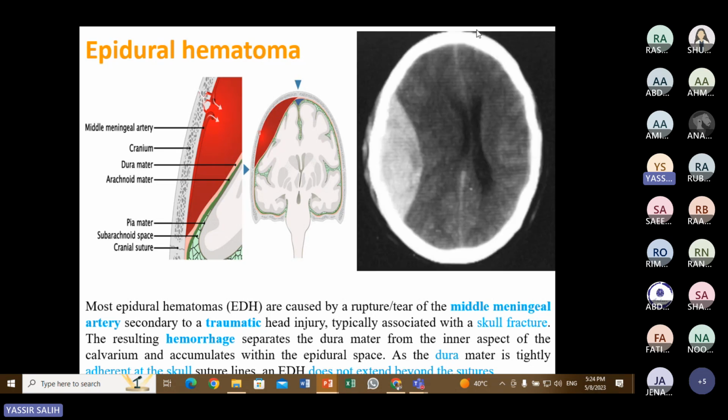So this is the CT, demonstrating how this blood or hematoma appears on CT. Anyone to interpret this CT? How to report this CT? Yes, please try to talk and comment.